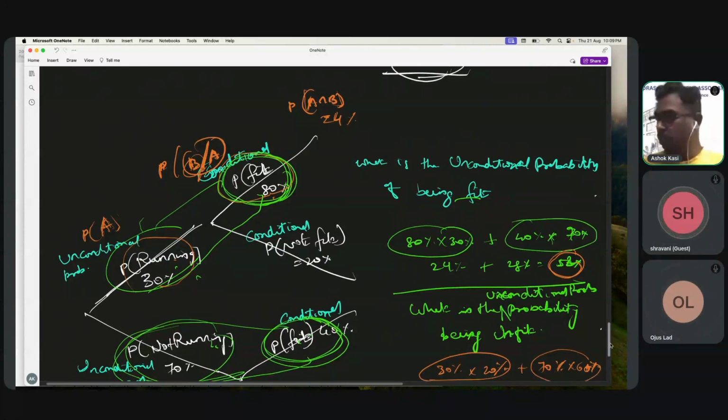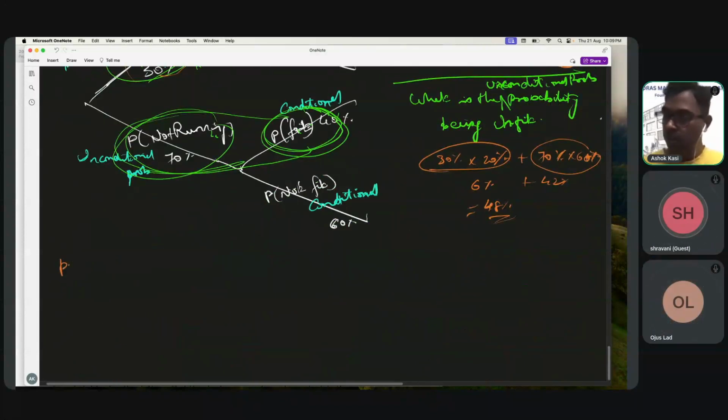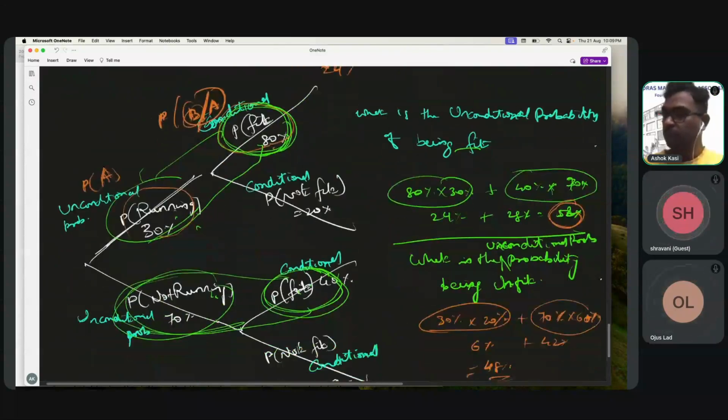So now here the formula is what you know. Now here comes Bayes formula. Bayes formula says I will make the conditional unconditional, and I will make the unconditional conditional.